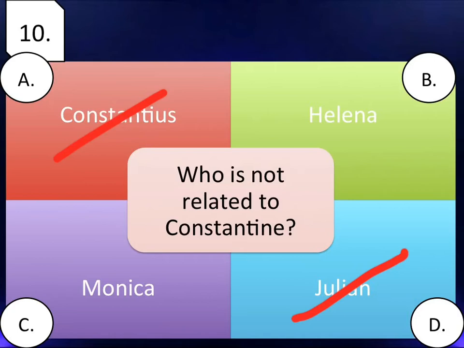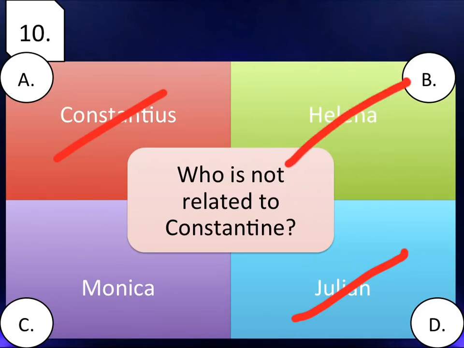Now the remaining two women here are both very famous moms, Helena and Monica. Both have cities named after them, all sorts of stuff like this. But which of these was not related to Constantine? Well, Constantine built his mother her own city, Helenopolis.